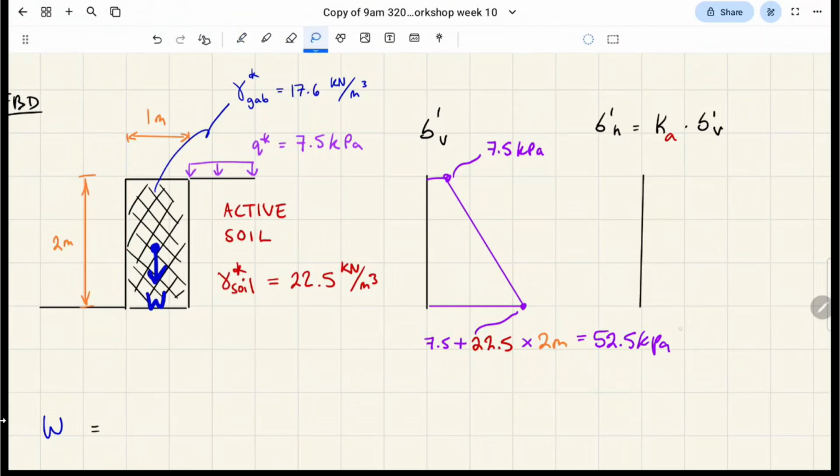I'm going to move that across a little bit, give myself some space. So that right there is 52.5.